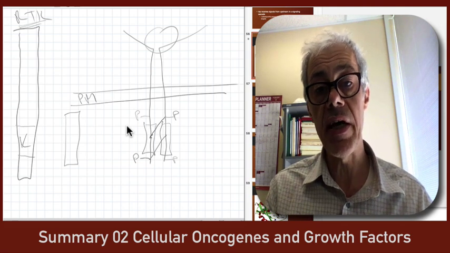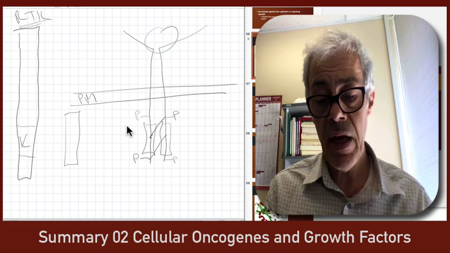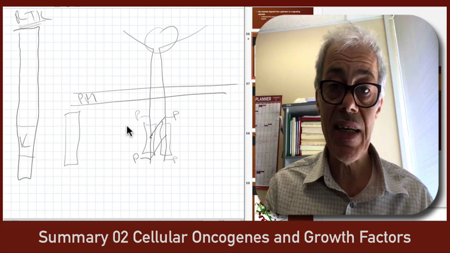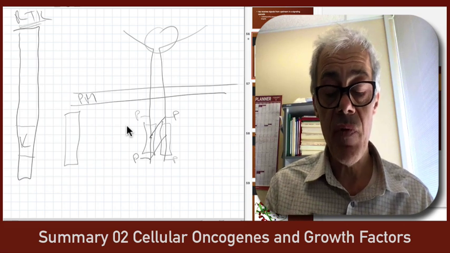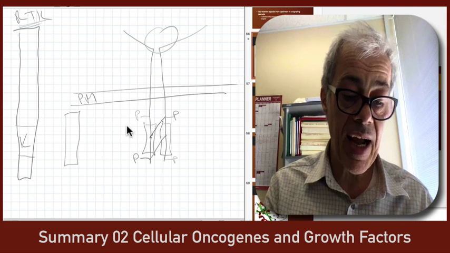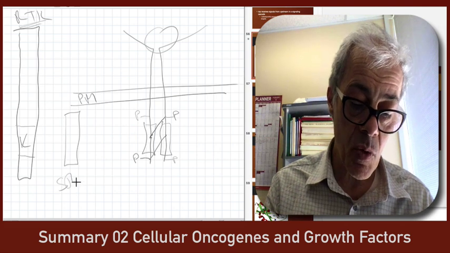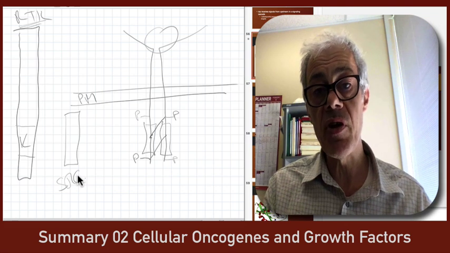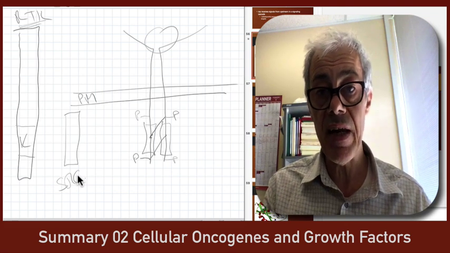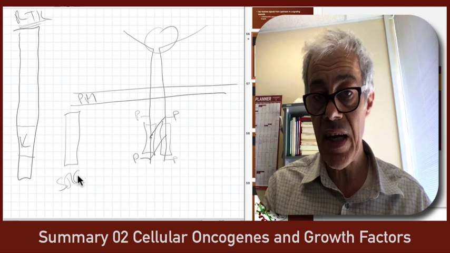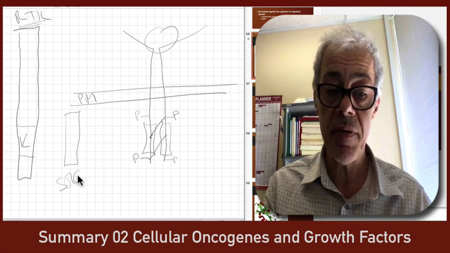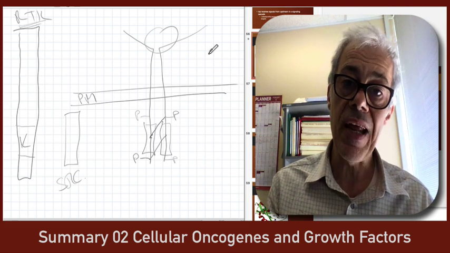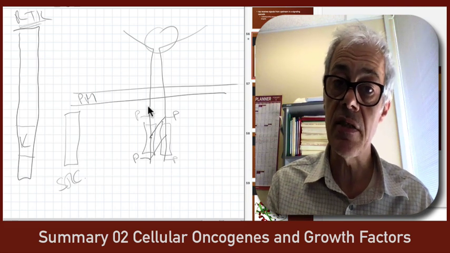the tyrosine kinase domain. Okay, and our ability to look at receptors and understand how receptors work, a lot of that was informed by understanding how the Src protein worked. Okay, so Src was the first oncoprotein studied at any great level and understood at a mechanistic level as a little molecular machine, and an understanding of Src led to an understanding of how these other molecular machines called receptor tyrosine kinases function.